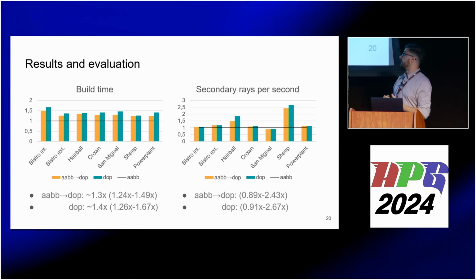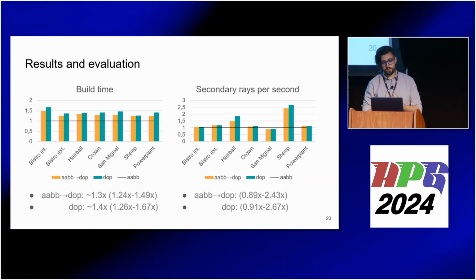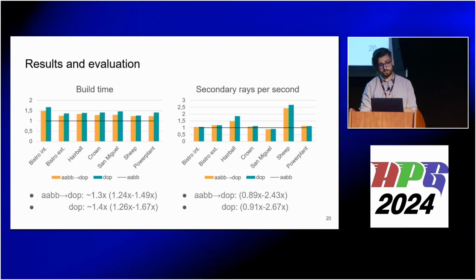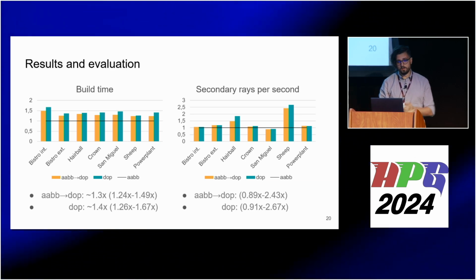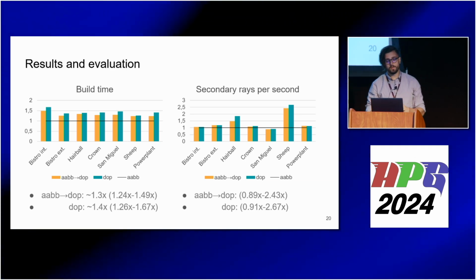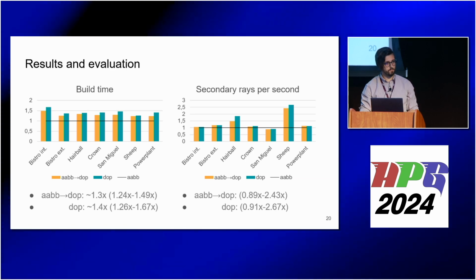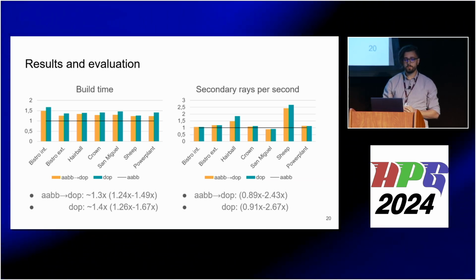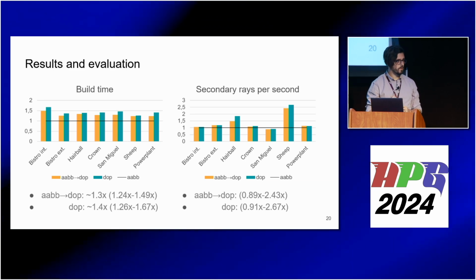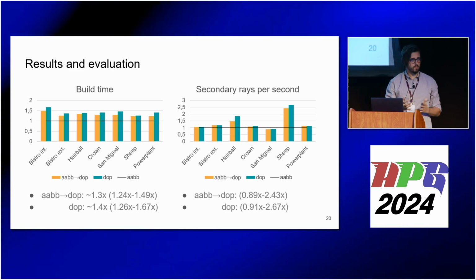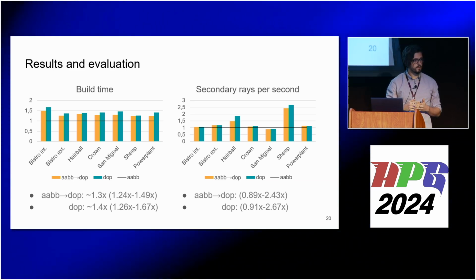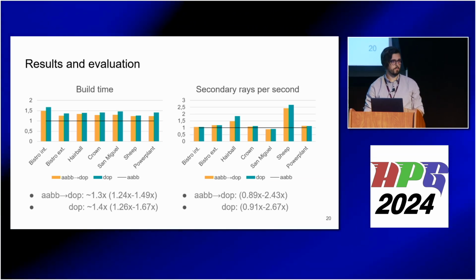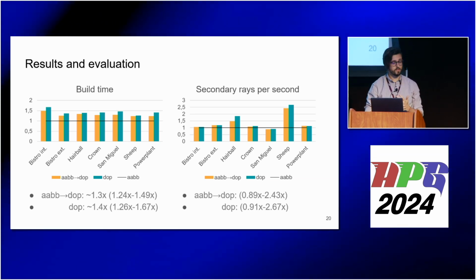On the right, there is a comparison of the actual performance of the BVH, in this case on secondary rays. Often, or almost always, these k-DOP hierarchies perform better, at least on the tested scenes, than the AABB hierarchy, with one exception, the San Miguel scene. This scene is quite well axis-aligned, and thus the additional planes in the 14-DOP are actually to the detriment of the traversal.